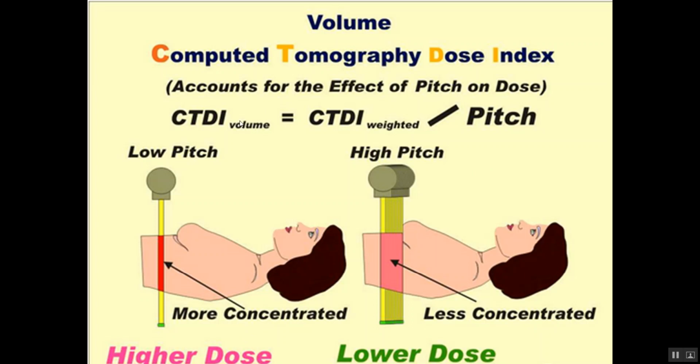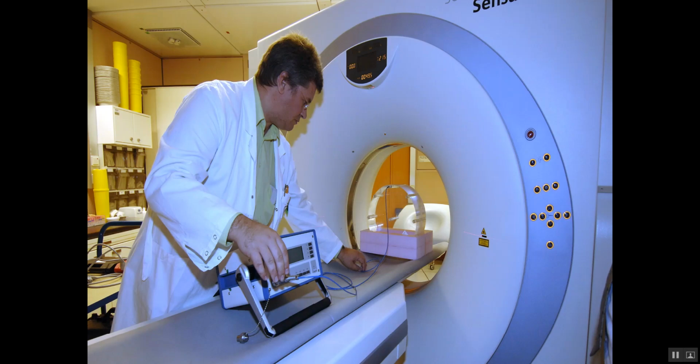You will find this term in your CT machine. Any CT machine contains this term, CTDI volume, which is calculated automatically using this phantom, which is calibrated in the factory. All this calibration is done before the machine comes to your place.